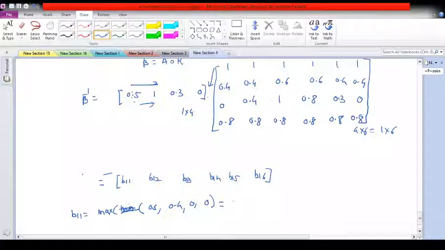From these select the maximum, so it will be 0.5. So b11 will be 0.5.